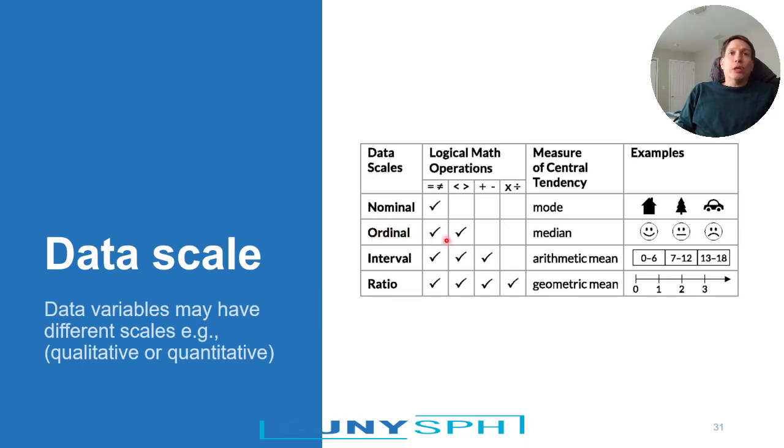And in the ordinal, then we are a little bit more restricted in the operations that we can do, and the most restricted one is going to be the nominal. That's perhaps the reason why we are so thirsty of having individual data and sometimes hesitant of having aggregated data. But the reality is not always we can have the individual observations. And then we need to be able to tell stories with what is available for us.